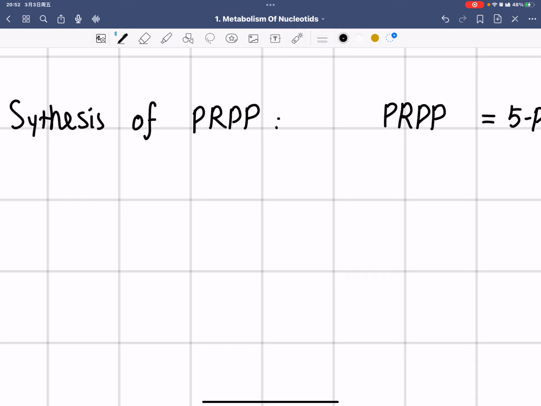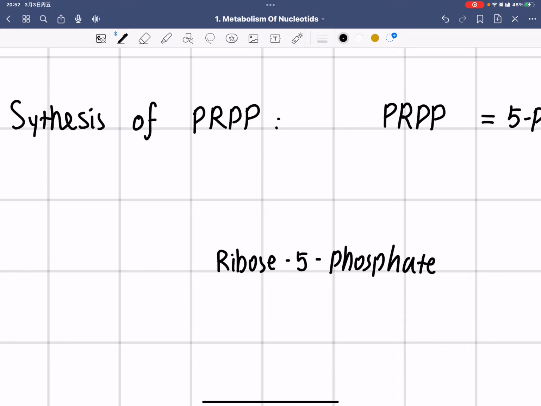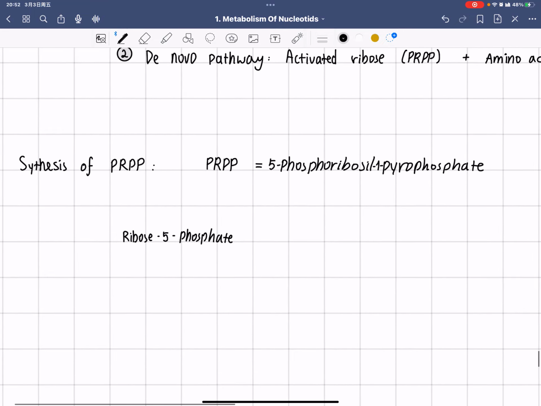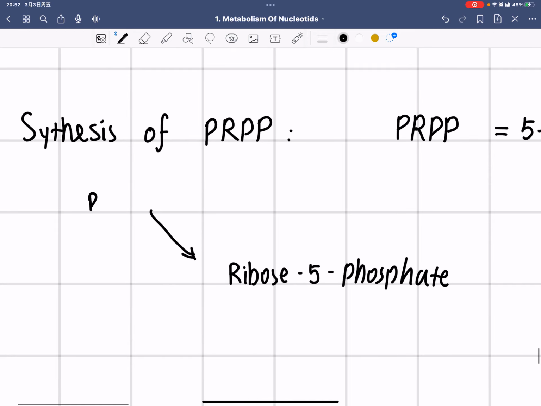By forming PRPP, we need to have ribose 5-phosphate. And where does this ribose 5-phosphate come from? Of course, we can remember the pentose pathway.